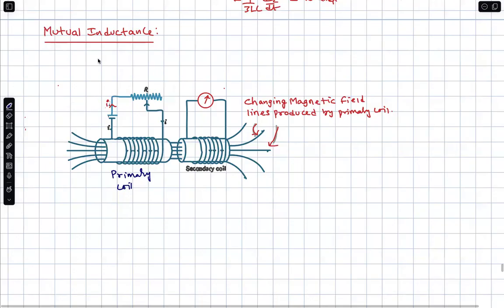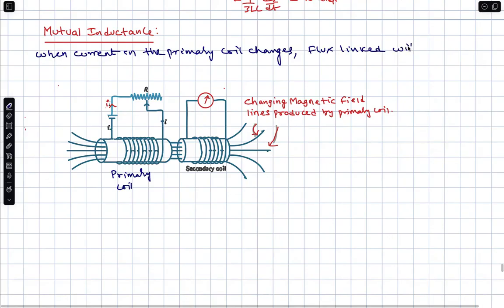Right. In mutual inductance, when current in the primary coil changes, flux linked with the secondary coil will change.